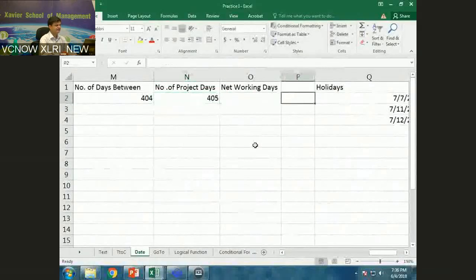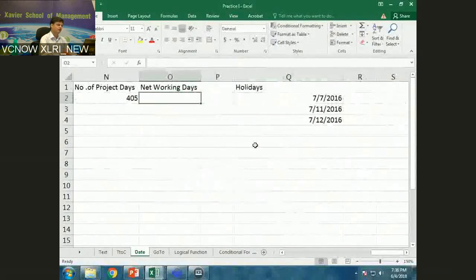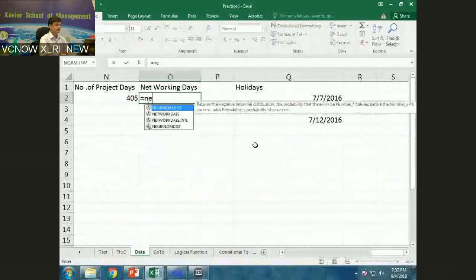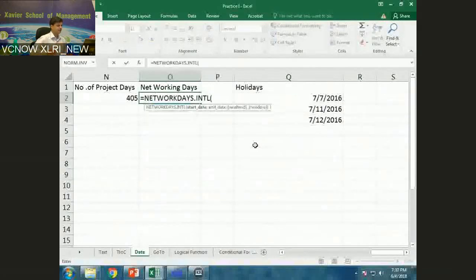And now finally, the final function that we'll work on is NETWORKDAYS, which is very similar to WORKDAY. And here also we have a function NETWORKDAYS.INTL, which I'm sure 2007 won't have.